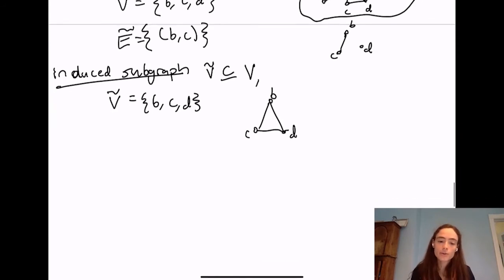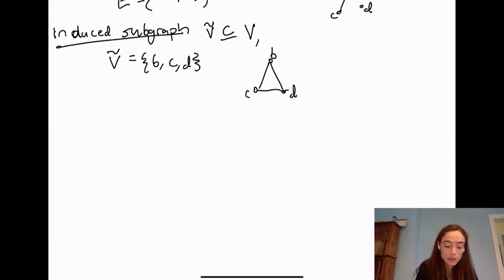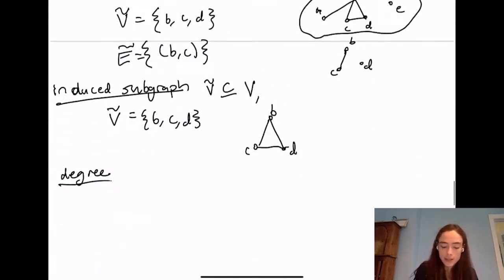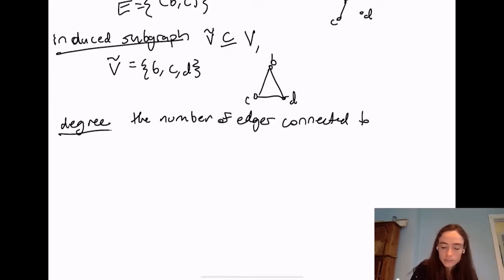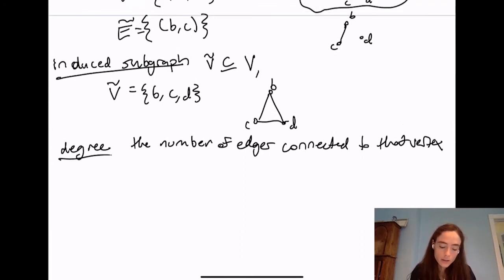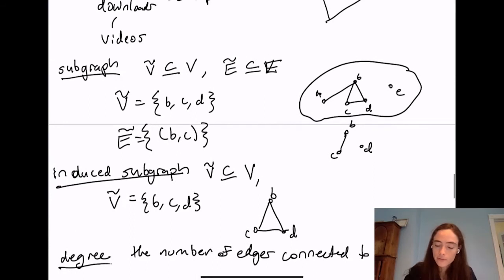So another important concept is the degree of a vertex. The degree of a vertex is the number of edges connected to that vertex. So in our example graph here, we can see that vertex A has one edge connected to it, so it has degree 1.